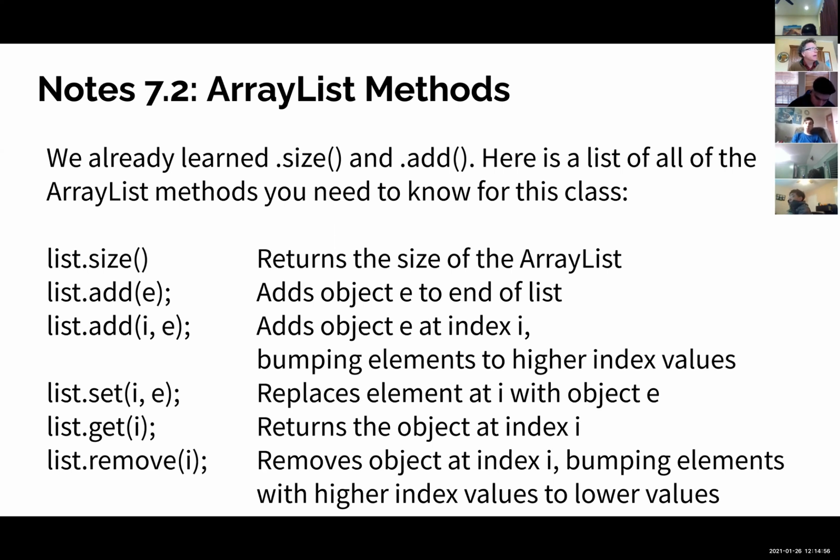If you had the item at element 5 and you didn't want it there anymore, you wanted to replace it with something else, you would use set. Then there's get, which we already did, for getting something to print it or access it and then change it. And finally, there's remove, which gets rid of whatever is at that spot.